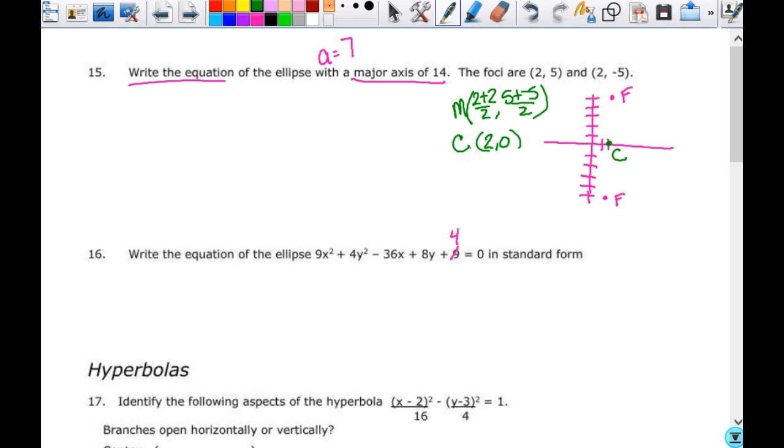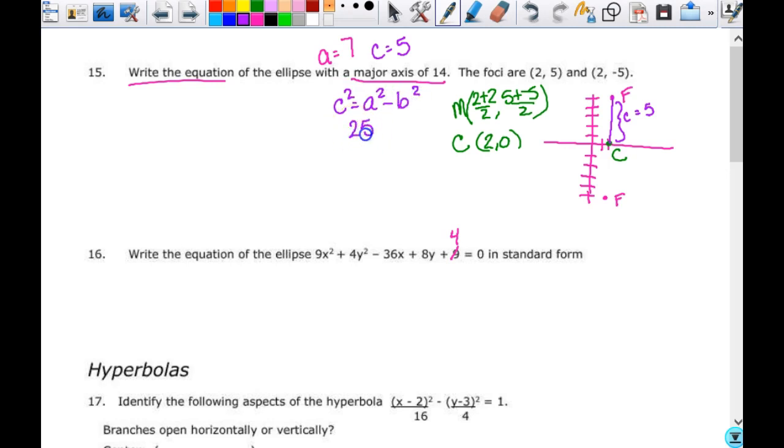I have that A is 7, and I know C, because this length right here, from the center to my focus, that is my C, and C equals 5. So if A equals 7 and C equals 5, for an ellipse, C squared is equal to A squared minus B squared.